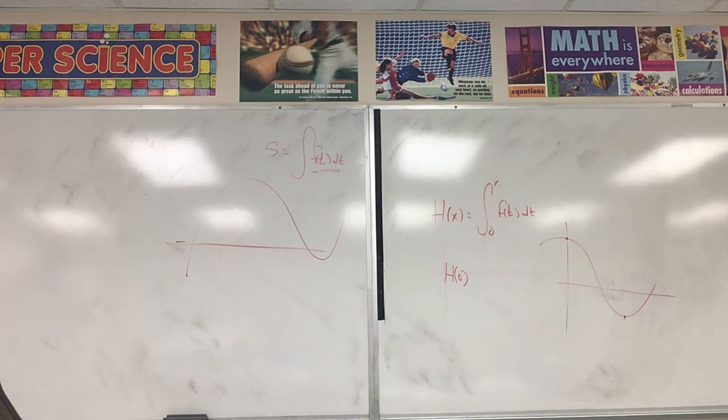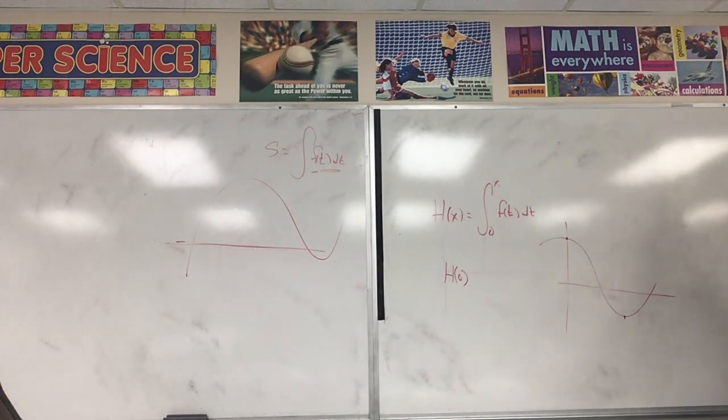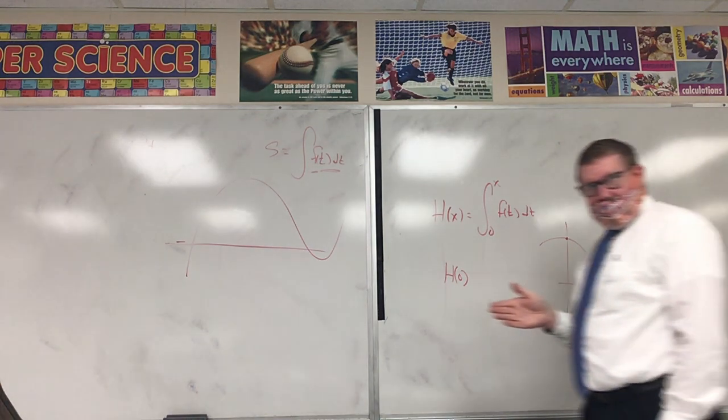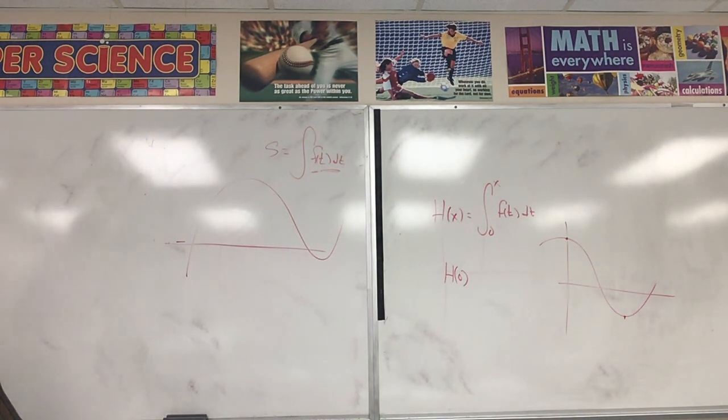Look, if I'm moving in a positive direction, my velocity should be positive. But when I turn around, my velocity is 0 because I'm stopped. Then I'm moving back the other direction, so my velocity would be negative, sorry.